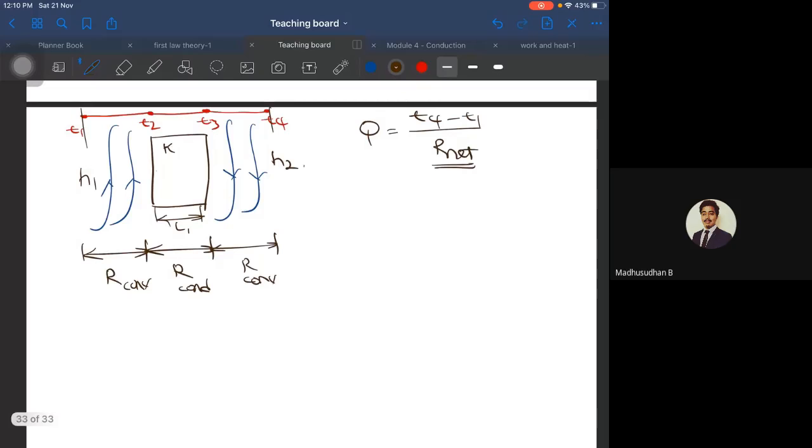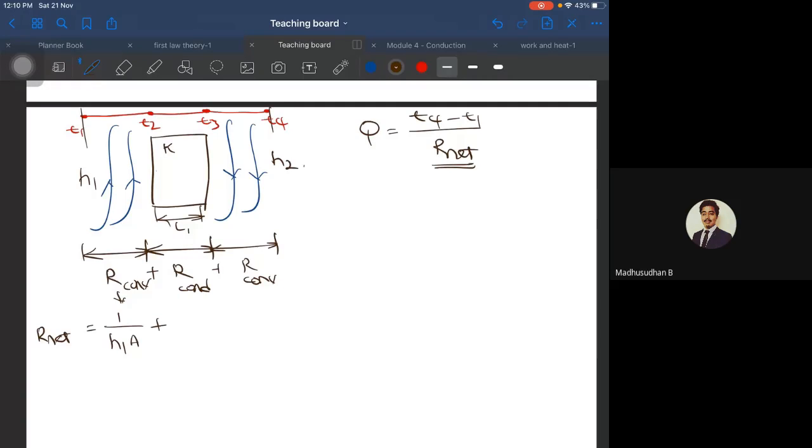Now, if I want the R net value, I'm supposed to add all of these, right? Resistance due to convection in the first segment, that is T1 to T2, can I take it as 1 divided by H1 into A? Yes, sir.